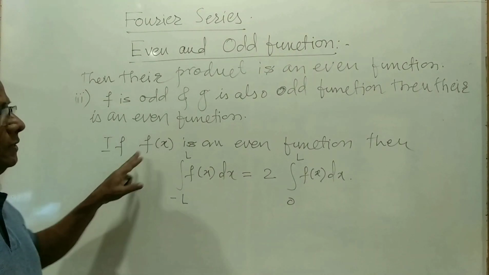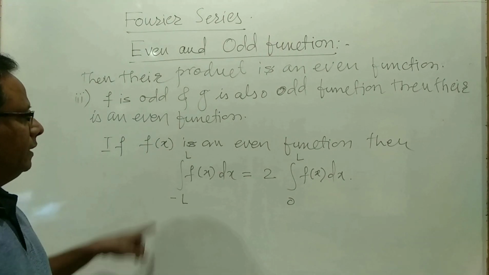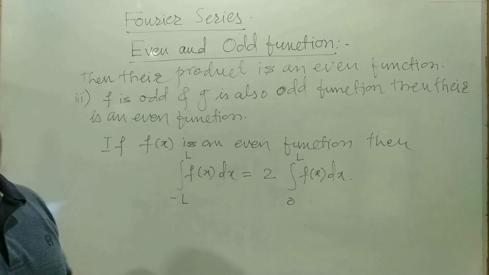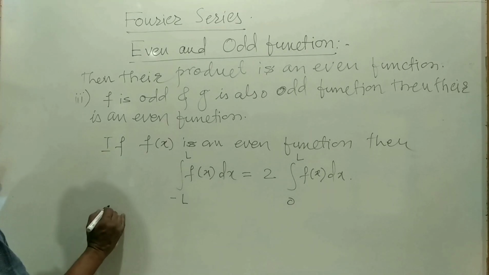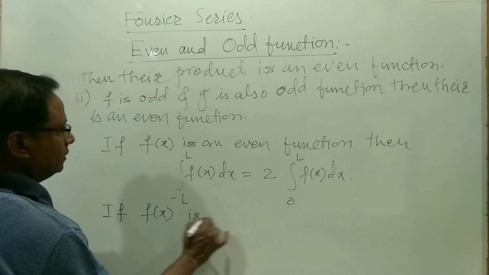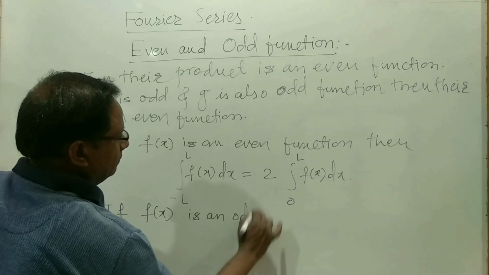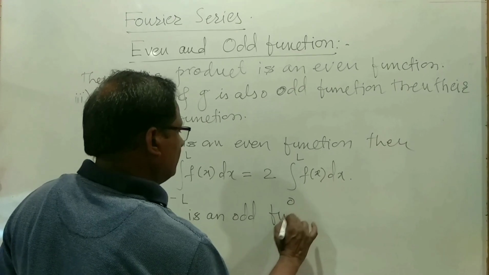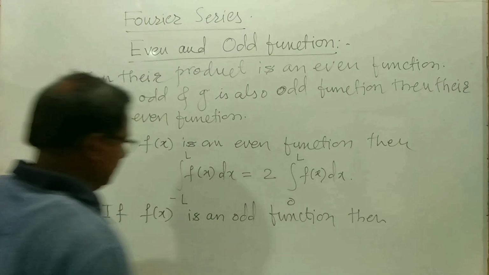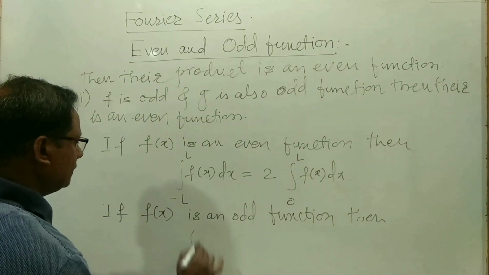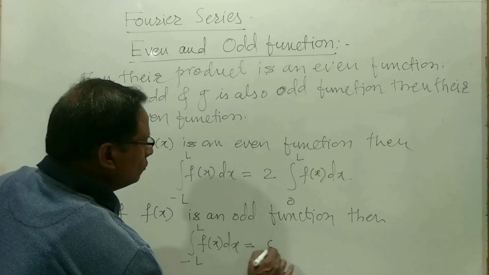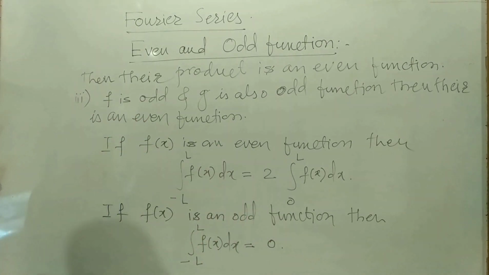I repeat, if f is an even function, then the integral from minus L to plus L of f of x dx is 2 times the integral from 0 to L of f of x dx. Similarly, if f of x is an odd function, then this definite integral from minus L to plus L of f of x dx equals 0. So these are two important properties.